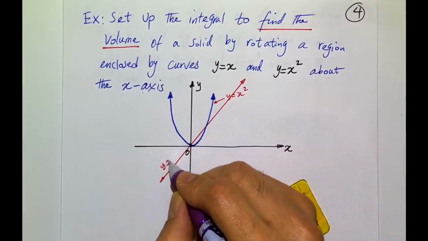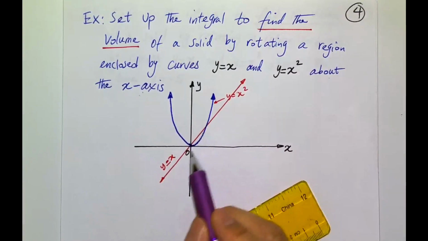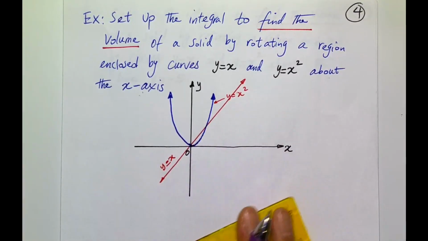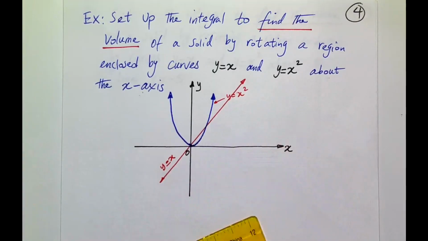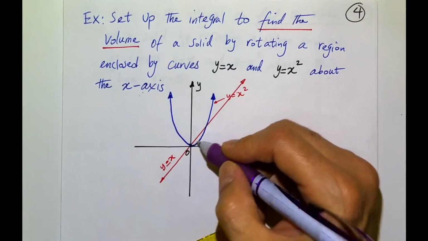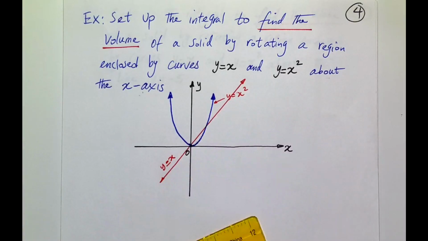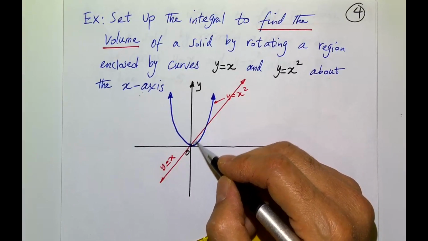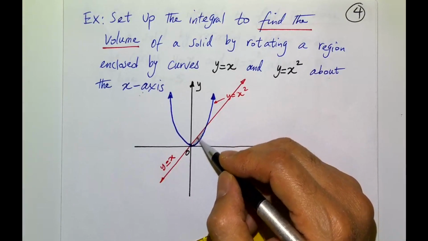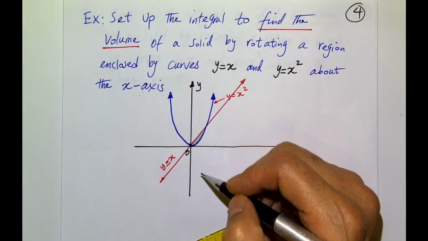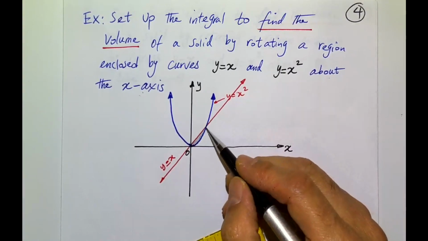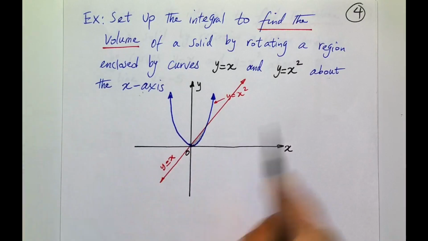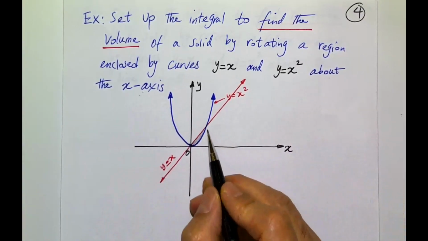This should be perfectly dissecting the first quadrant, by the way. But I drew it like this because I wanted you to see that the region we are rotating this time is this one. It's this region.